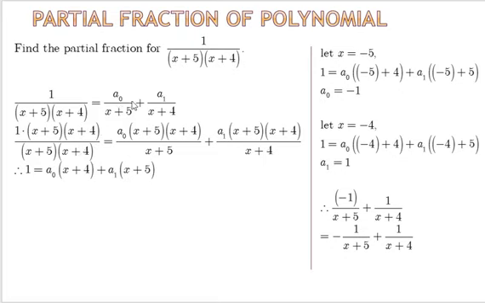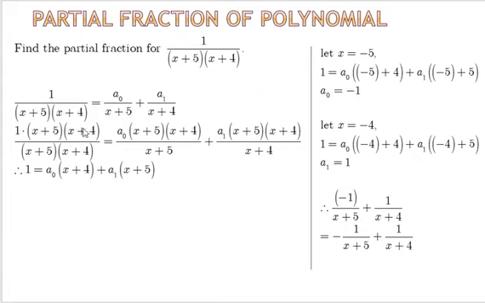Okay, now in order to solve this, we multiply by x plus 5 and x plus 4, which is the denominator over here, on the left hand side and the right hand side, both sides. This is what we have.